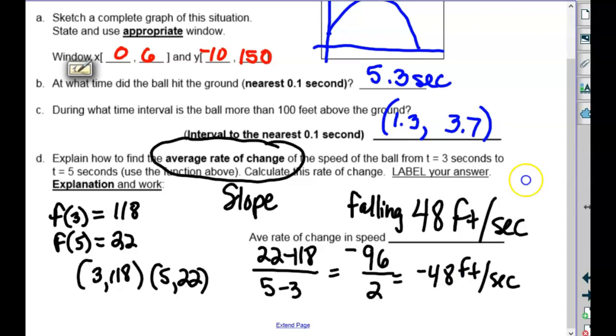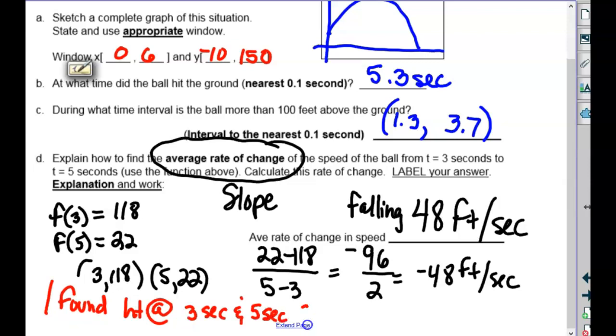But it also says explanation and work, so show your work, and basically your explanation can be, I found height at 3 seconds and 5 seconds, and found slope, because that equals rate of change.